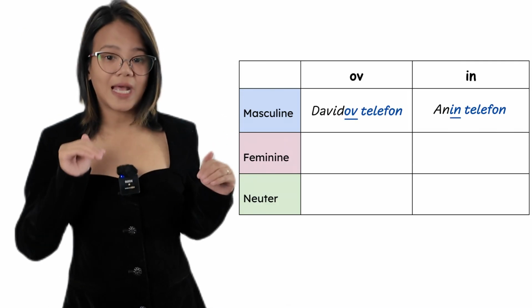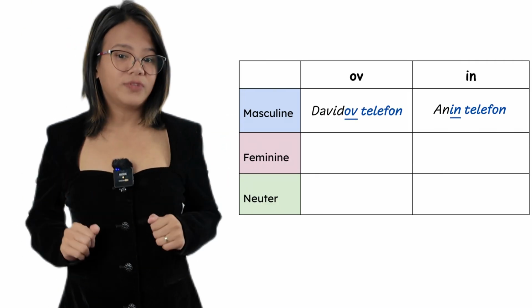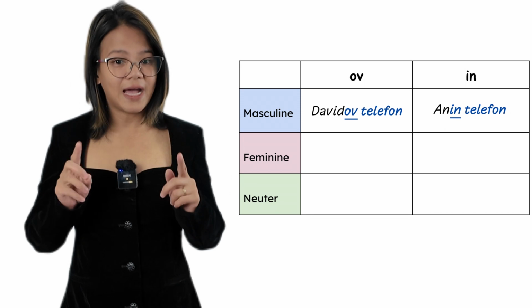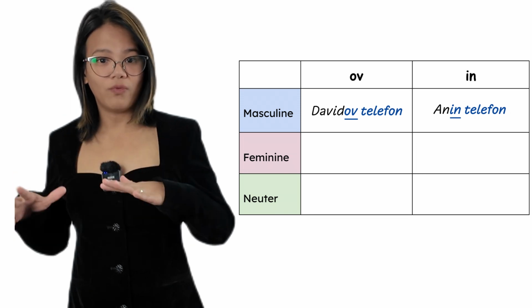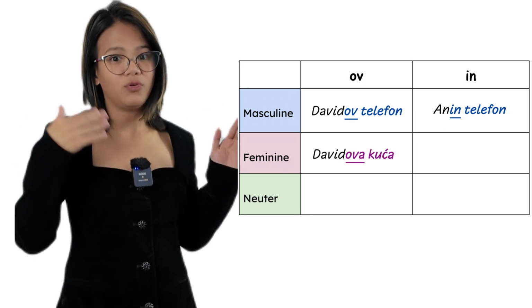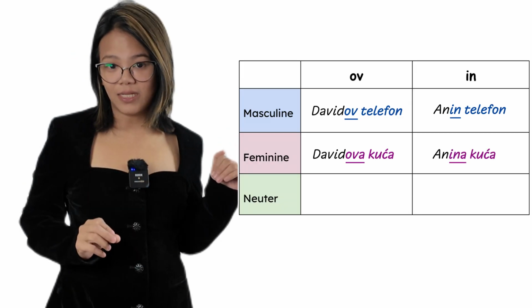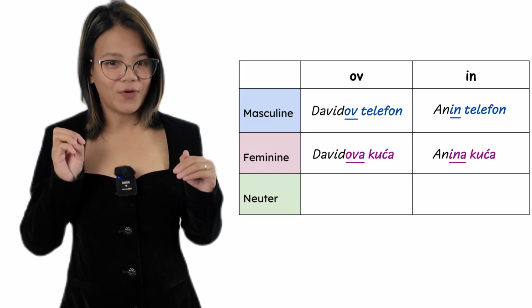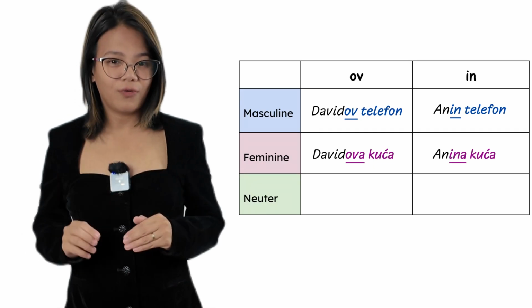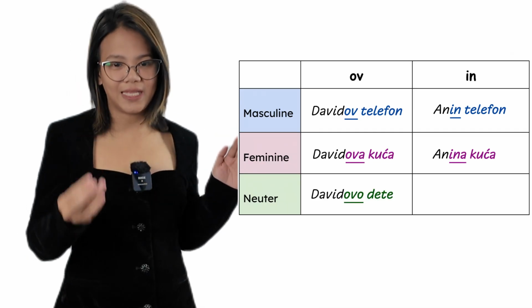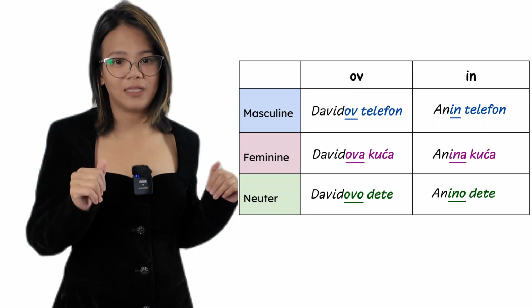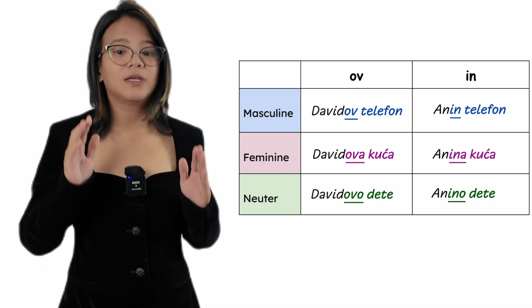Davidov telefon, Anin telefon. If the noun is feminine, add a. It becomes ova or ina. Davidova kucha, Anina kucha. If the noun is neuter, add o. It becomes ovo or ino. Davidovo dete, Anino dete.